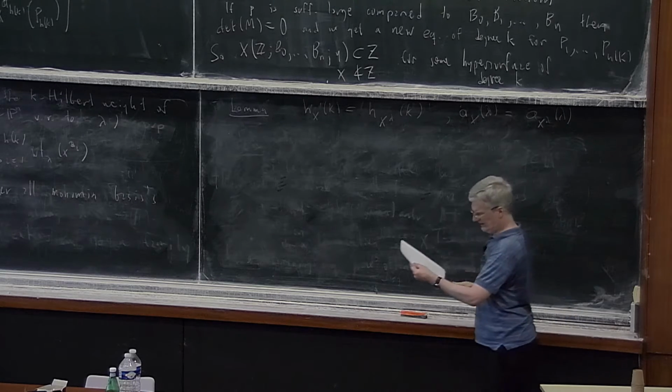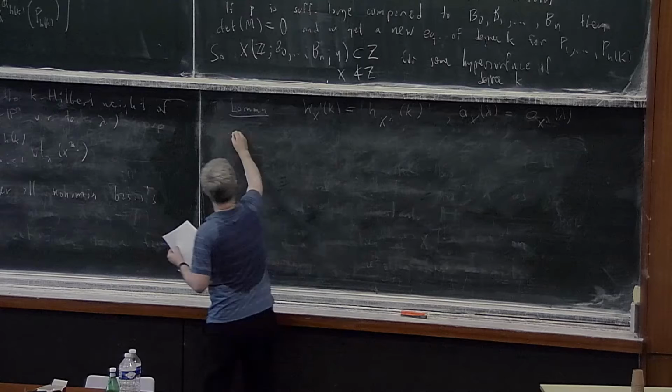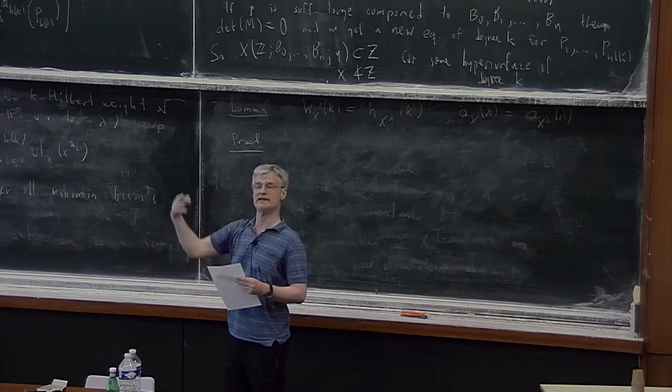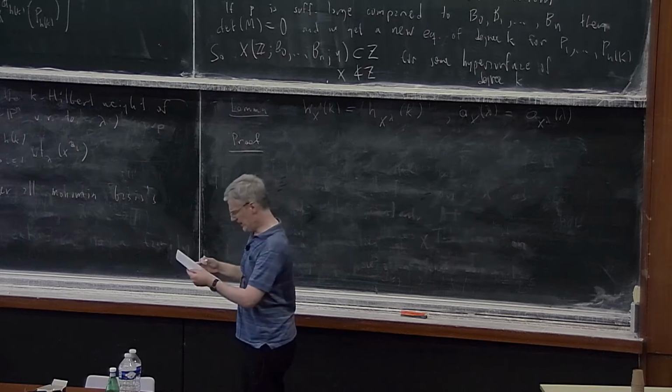So let me tell you a little bit about the proof, because this also gives you information about this new variety X lambda and how we obtain it.